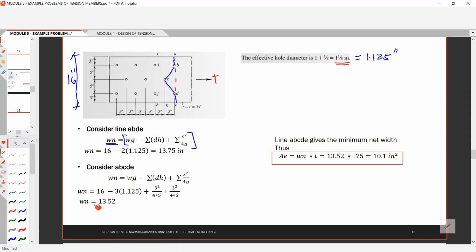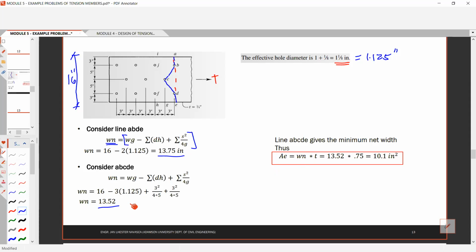Therefore, your net width is 13.52. Okay, we will be using the minimum net width. Just choose the minimum of 13.75 and 13.52. Therefore, your minimum net width is 13.52.